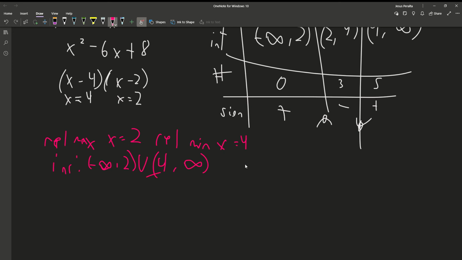Yep, and our decreasing would be from 2 to 4. Yep, almost done. Very close.